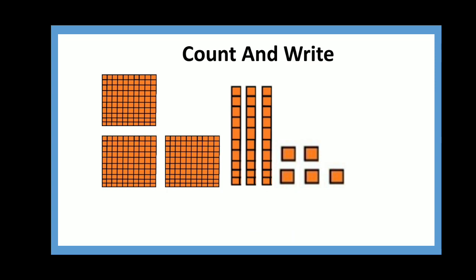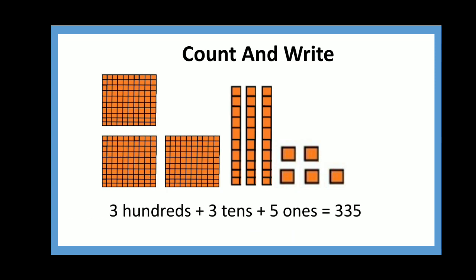So you have to write like this: 300 plus 3 tens plus 5 ones makes the number 335. It means 300 plus 30 plus 5 is equal to 335.